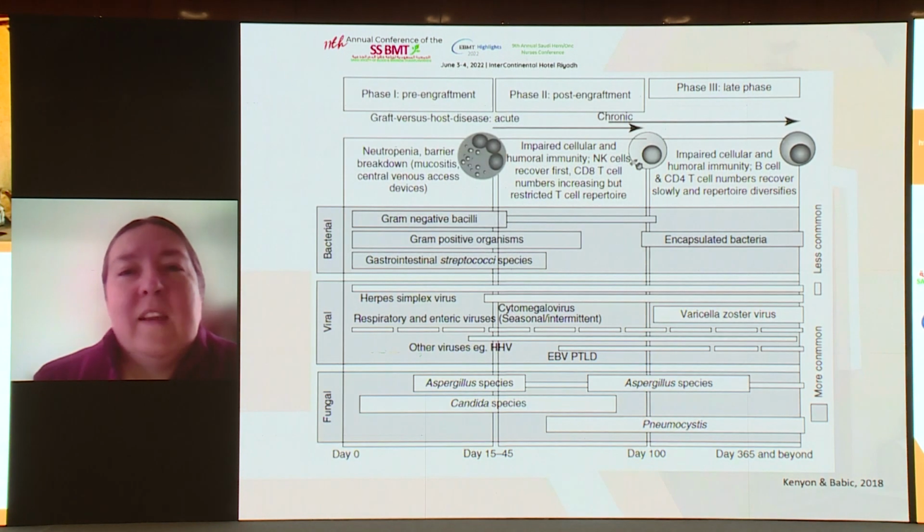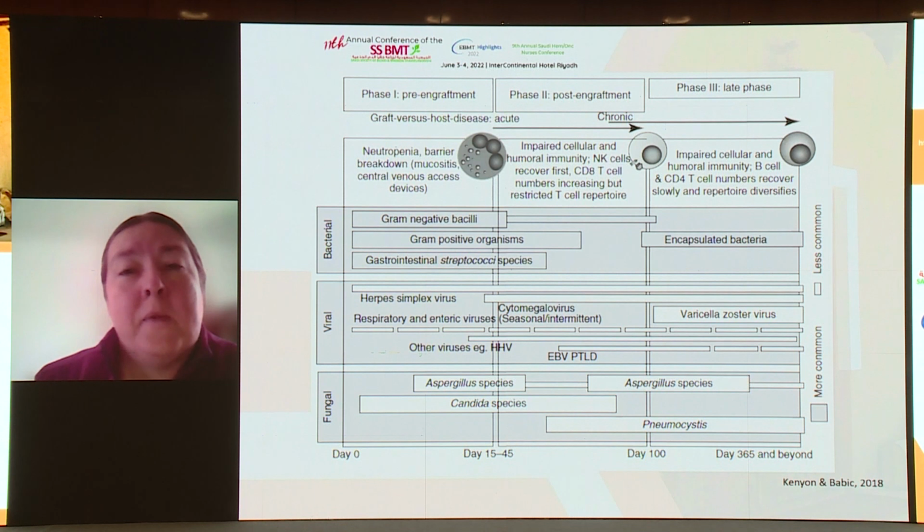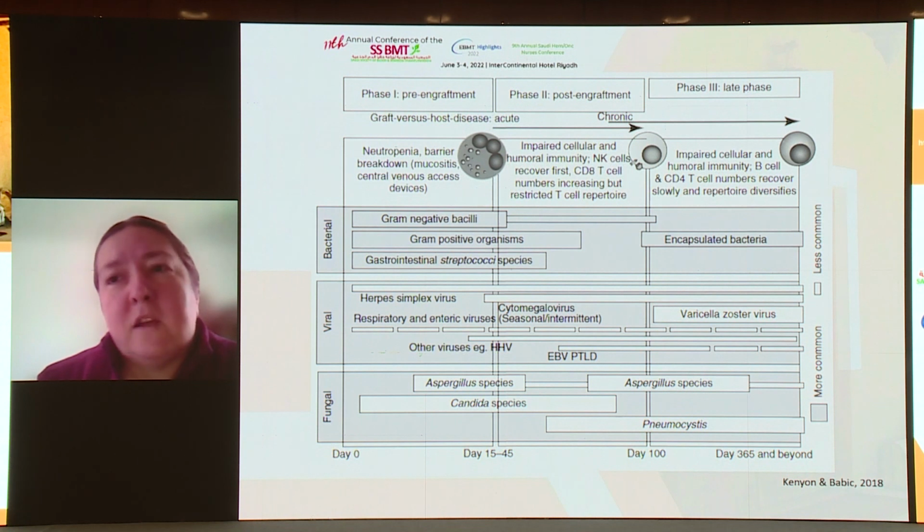What I think is important to look at is when the infections most commonly come, and the phases of stem cell transplantation and the occurrence of infections are divided into 3 phases. There is the pre-engraftment, then the post-engraftment phase, and the late phase.